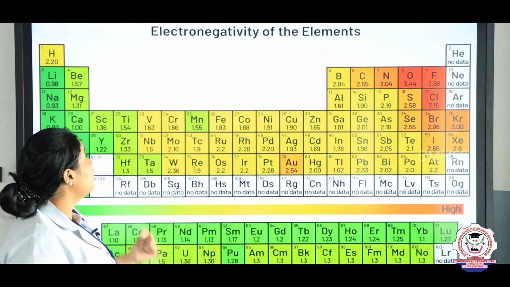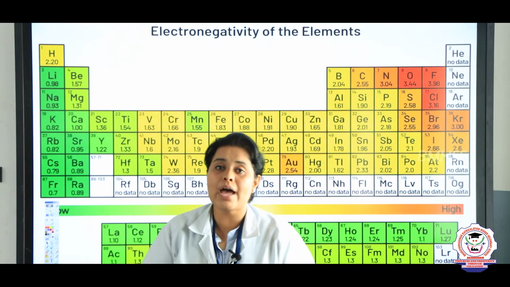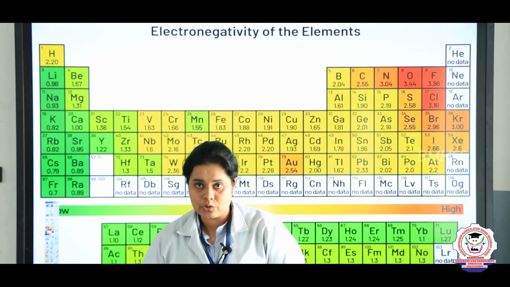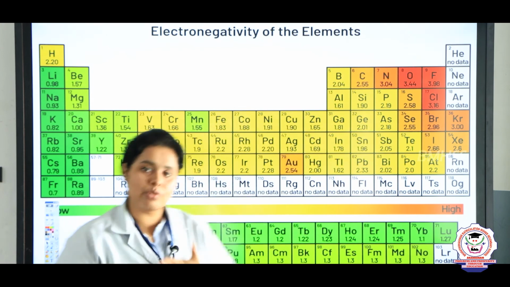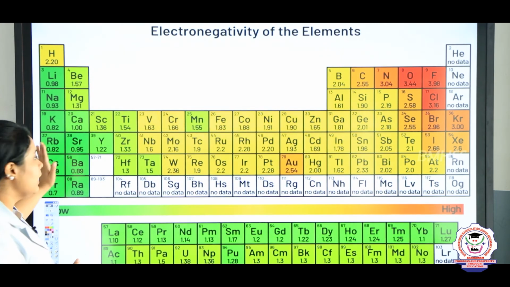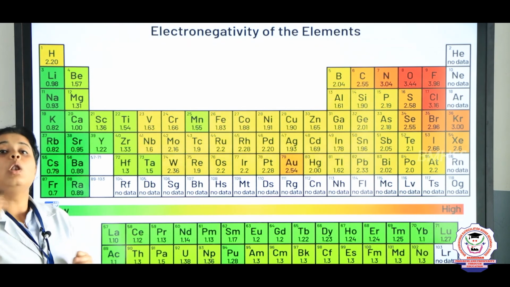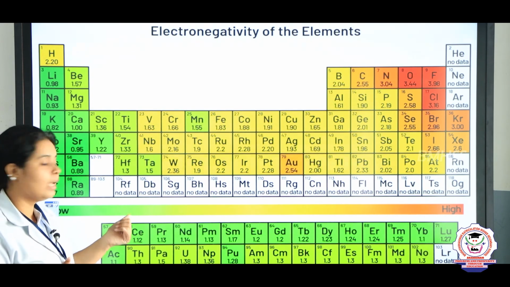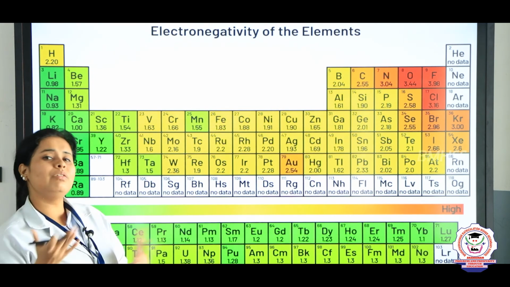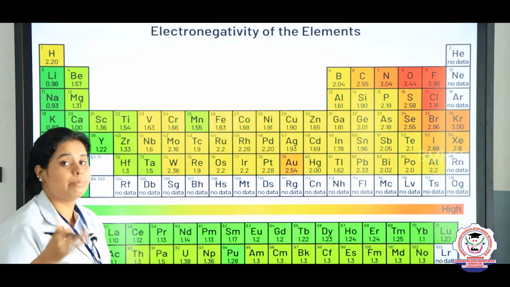Now let's see the last topic, which is electronegativity. Electronegativity means the tendency to attract a pair of electrons. A pair of electrons means 2 electrons will be attracted. According to the scale, the green will have low electronegativity, because the removal of electrons will not be so fast or the attraction will not be so fast.